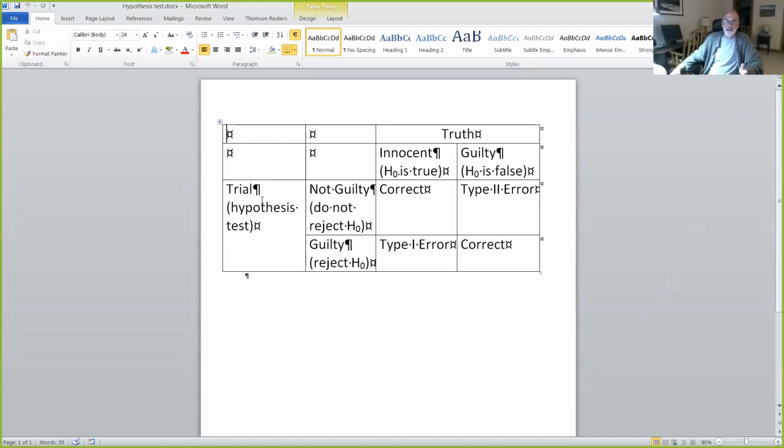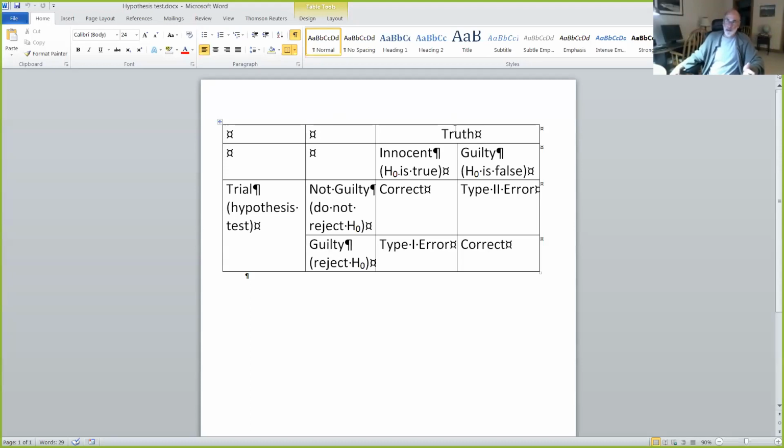Think of the trial as a hypothesis test. We're testing a very particular hypothesis: this person is not guilty until proven guilty beyond a reasonable doubt. So we set up a hypothesis that they're not guilty, and we say, do we have enough evidence to convict them? The trial ends up with the result, either finding them not guilty or finding them guilty.